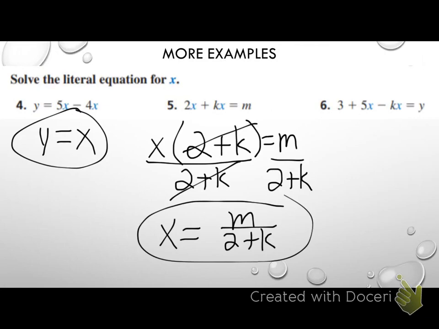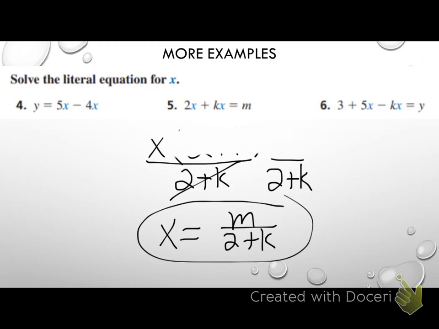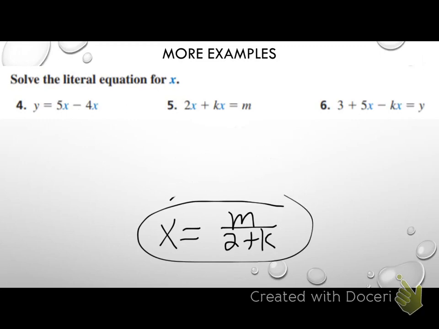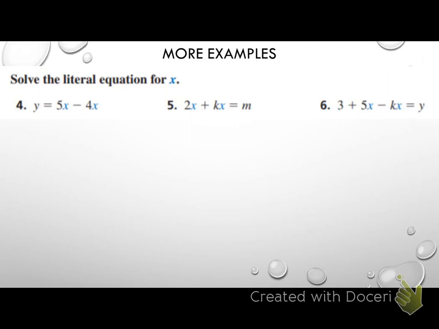Can I erase 4 and 5 to give myself a little more room for 6? Number 6. 3 plus 5x minus kx equals y. Still solving for x.